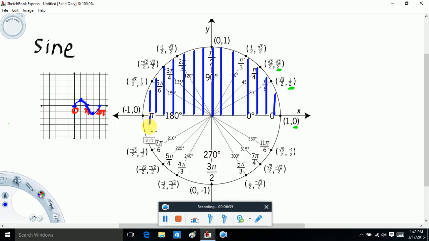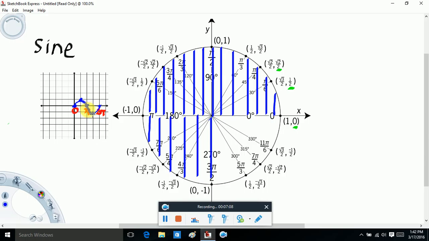So the sine keeps going down until it gets to 3 pi over 2, where it reaches a minimum of -1.